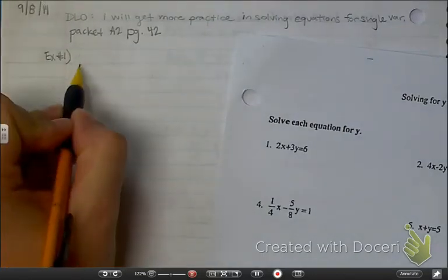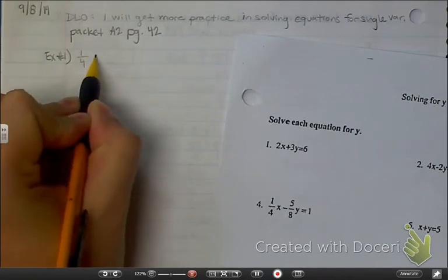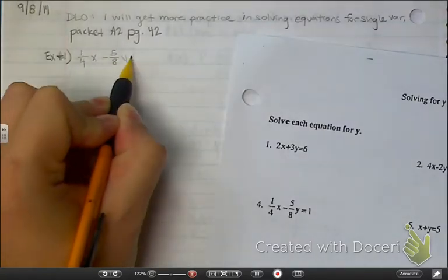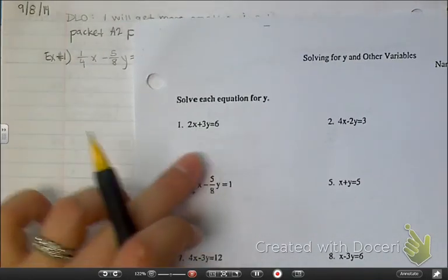And I'm going to write 1/4 x minus 5/8 y equals 1. And again, you should write yours just like mine. It takes up one line. If you need to take up 2 lines, that's fine, but it should be neat, just like this. Now, the directions say to solve each equation for y.